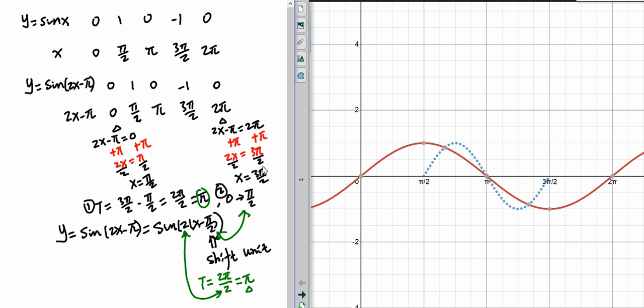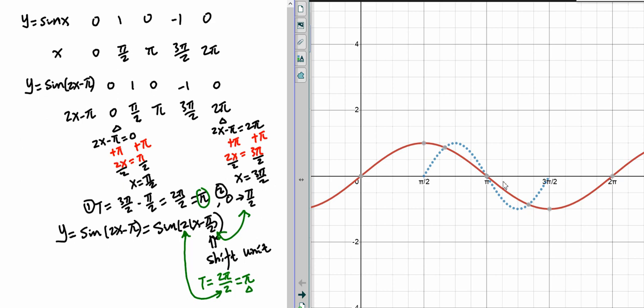Divided by 2 on both sides, we require x equals 3 pi over 2. So, in order to have 2x minus pi be 2 pi, x needs to be 3 pi over 2.